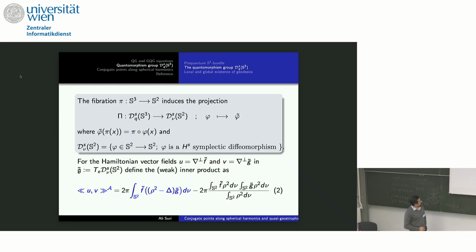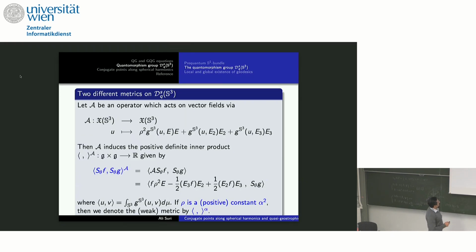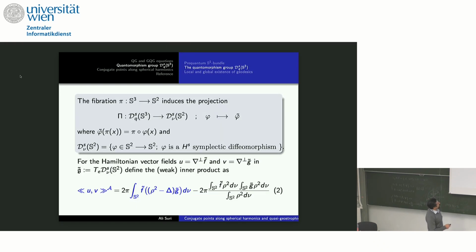The point is that if you consider this quantomorphism group with the metric power A, and you consider the volume preserving diffeomorphisms with this metric, this part is important. That one, we will kill it somehow.